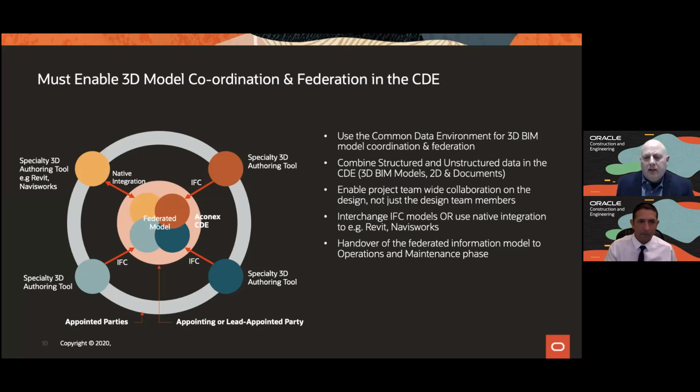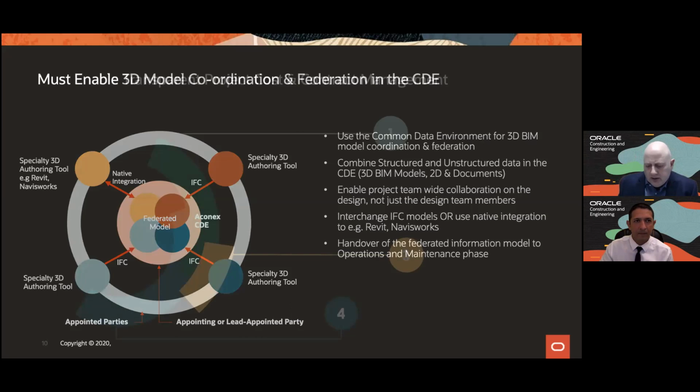And this is where the industry foundation class or IFC models become very important in terms of interaction, or even if your common data environment has the ability to do native integration with design authoring tools. Like Patrick will show you, Oracle Aconex has a native integration, for example, with Revit, to be able to share information directly.